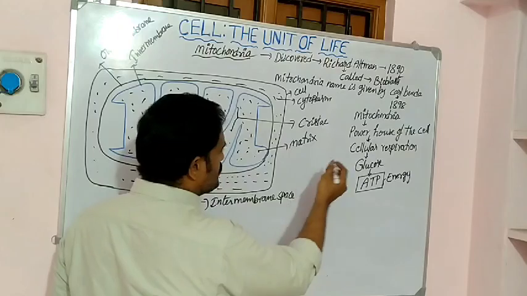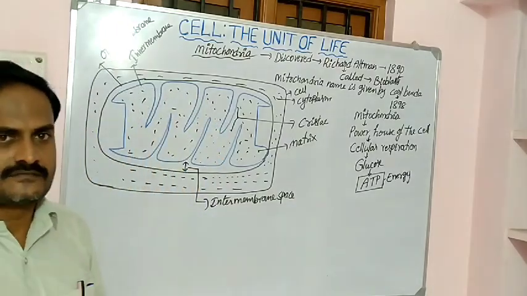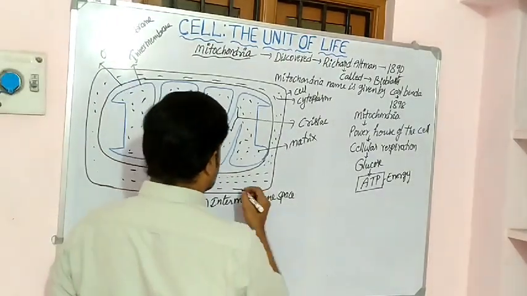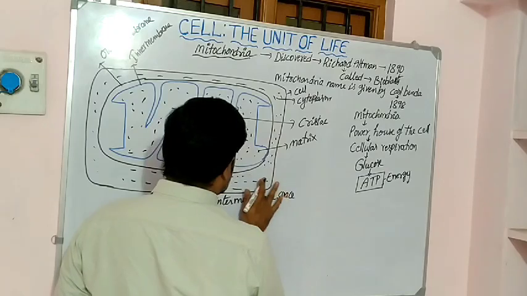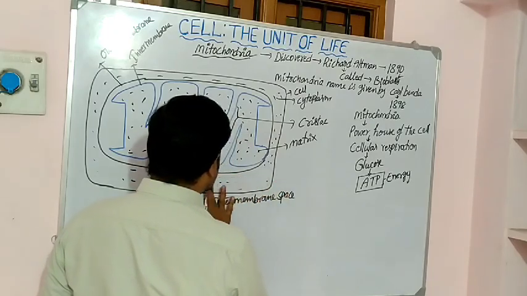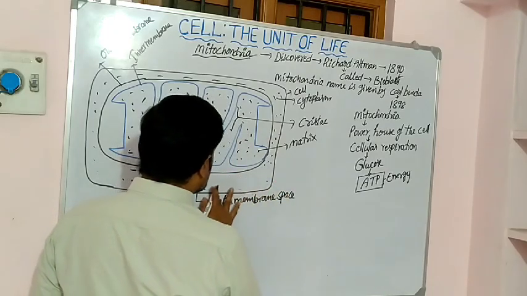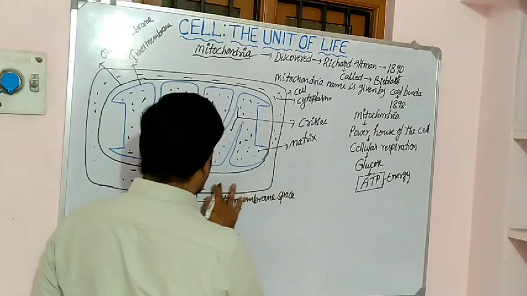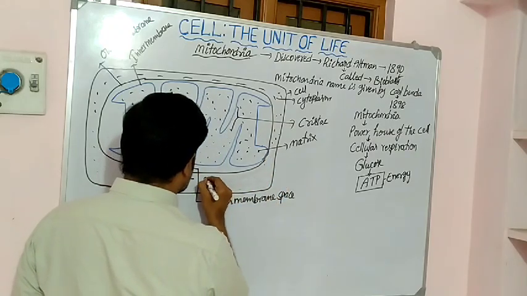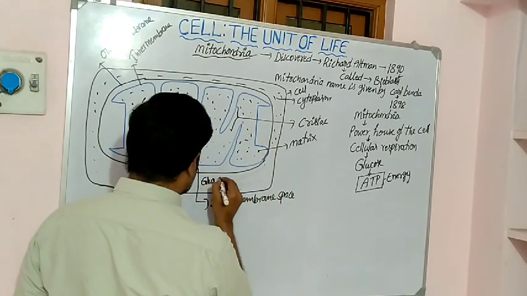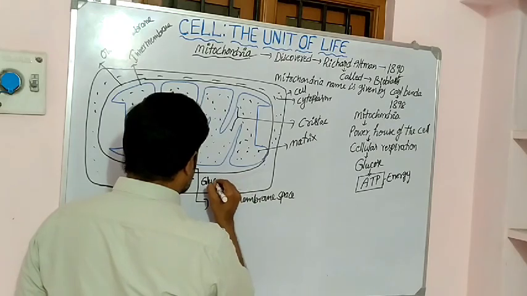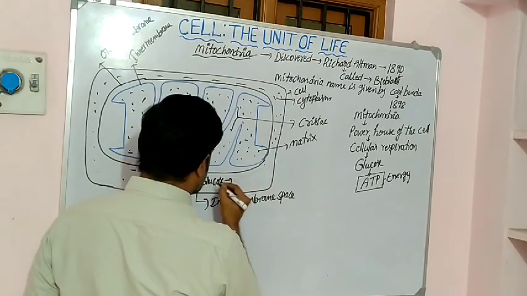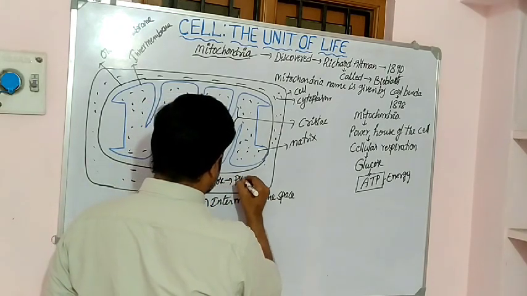So during cellular respiration, what will happen here? Here the glucose is broken down into two molecules of pyruvate. See here, glucose is converted into pyruvate.